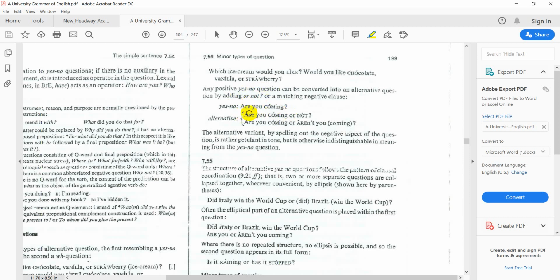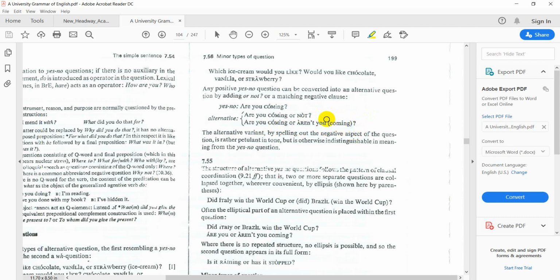Let's have a look. Are you coming? See, rising tone. Alternative: Are you coming or not? Are you coming or not? Are you coming or aren't you? Or aren't you coming? Either you say coming or you avoid repeating the word.